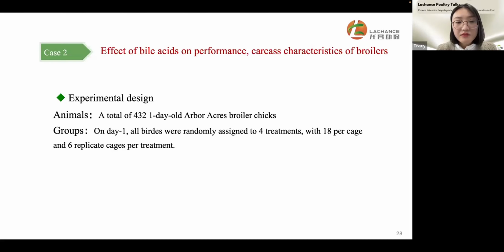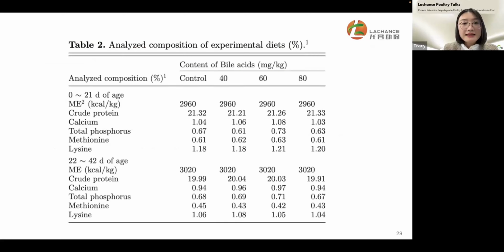I mean, all of these birds were randomly divided into 4 treatments with 18 birds per replicate and 6 replicates per treatment. And this is the composition of experimental diets.